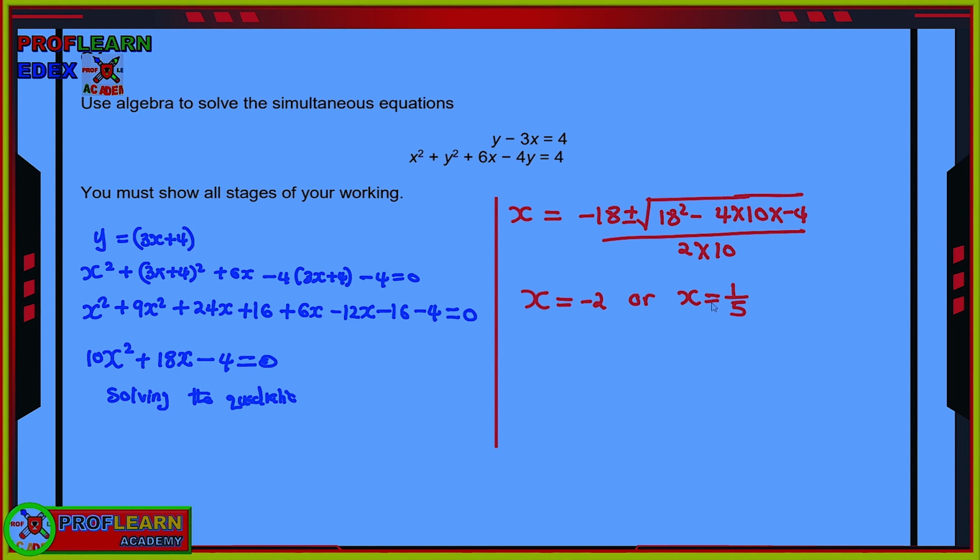Then we substitute them into y equals 3x plus 4, and this translates to -2, and for the second part, when we substitute 0.2, we get 4.6. Now we have solved the simultaneous equations because we have pairs of values of x and pairs of values of y.